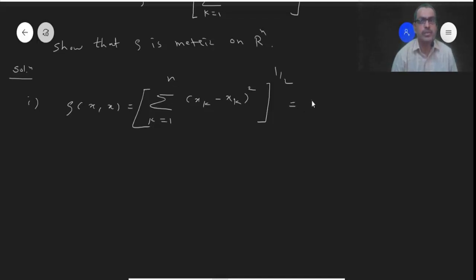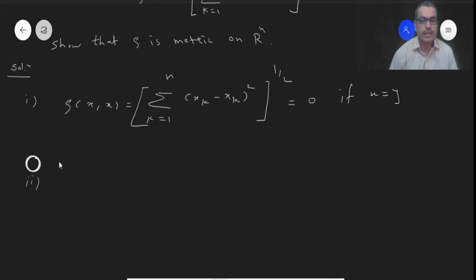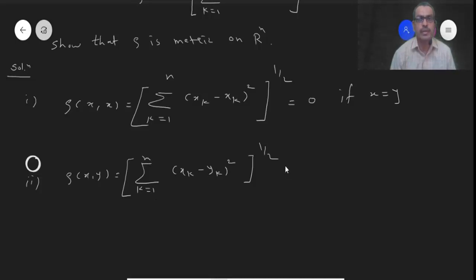Then this is equal to 0 if x is equal to y. Second condition: if x is not equal to y, then rho of x, y is the summation of (xk minus yk) squared, raised to half, k from 1 to n. This value is greater than 0 if x is not equal to y.